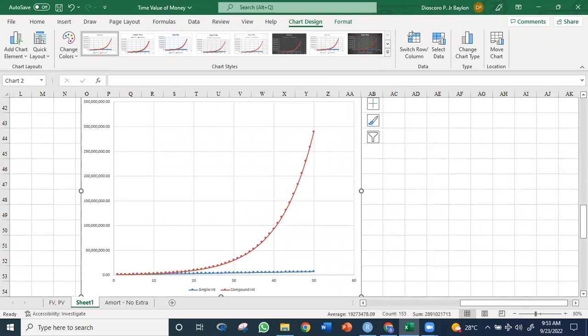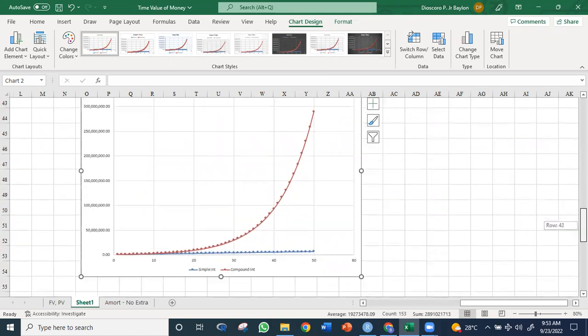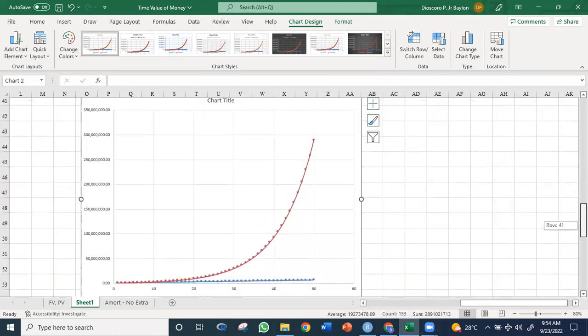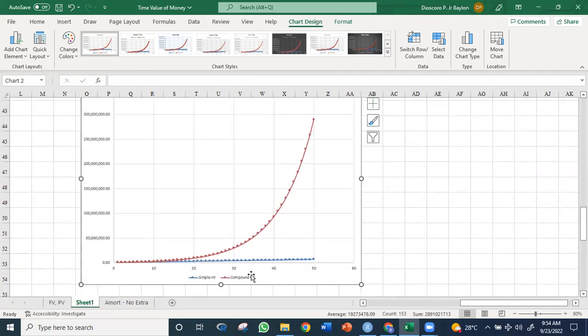Okay, take a look at this. So you can see here the difference between a compounded interest and a simple interest. You see the marked difference. This is the simple interest.